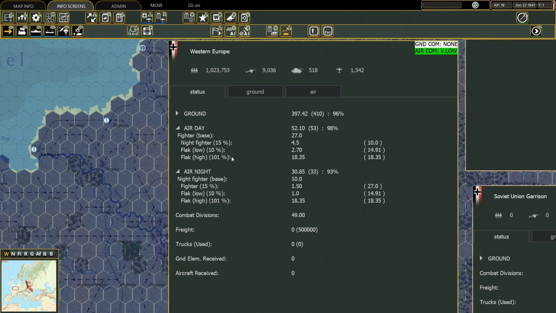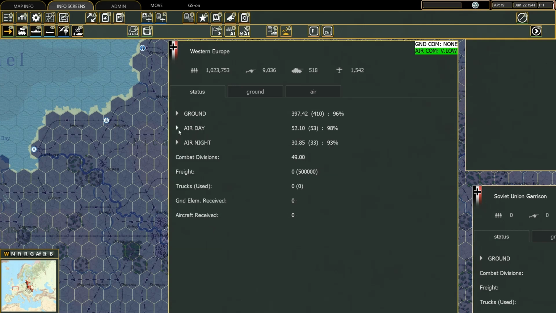Flak high, 101% means that it's unlimited, so all that you have contributes to the value of air day. And the same is true for air night. In this case, night fighters give 100% of their combat value to this air night requirement, and then you have just 15% of the fighters, and again 10% of the flak low, and complete commitment of the flak high.